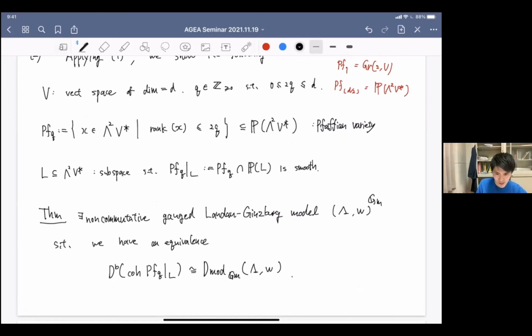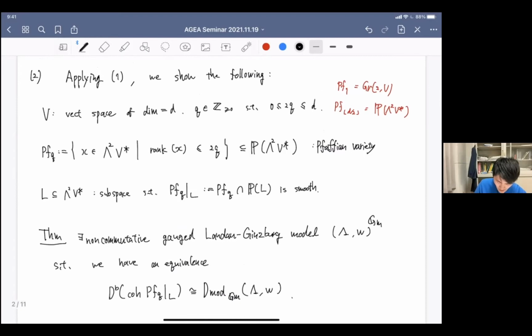I will give a precise definition of this notion later. But there is this non-commutative gauged Landau-Ginzburg model, such that we have an equivalence between the bounded derived category of coherent sheaves on the linear section and the derived factorization category of the LG model. So this is the application.